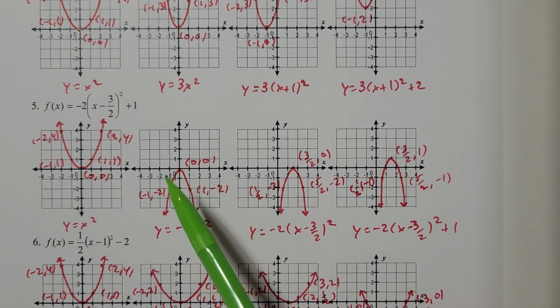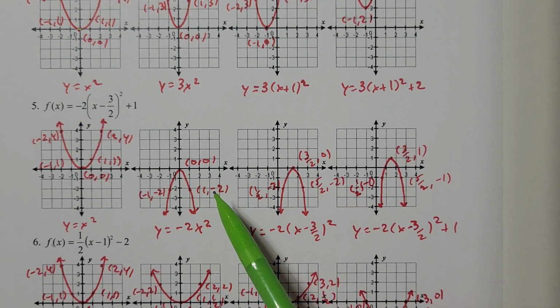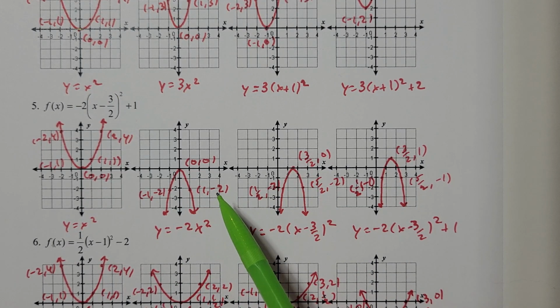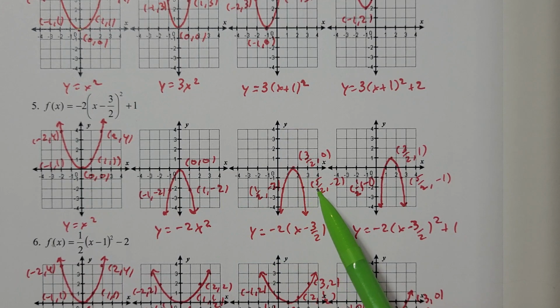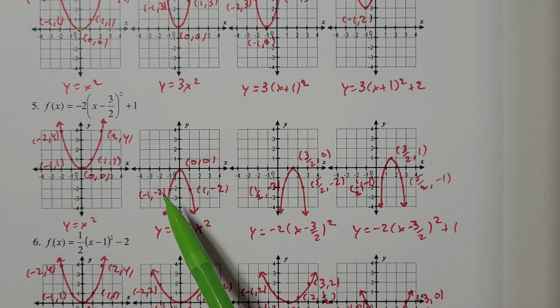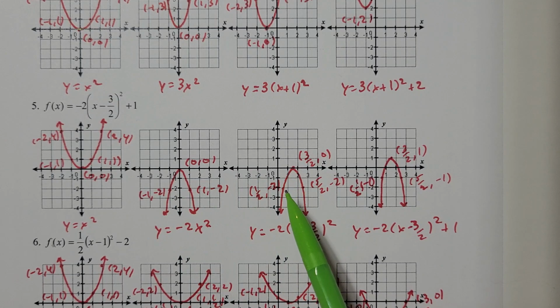So all these points, bump them to the right 3 halves units. So (0, 0) is going to be at (3 halves, 0). (1, negative 2) is going to be at (5 halves, negative 2), or (2.5, negative 2), same thing. And then (negative 1, negative 2) is going to be at (1/2, negative 2).